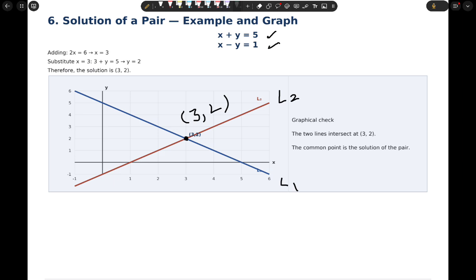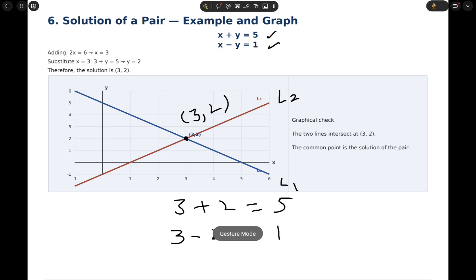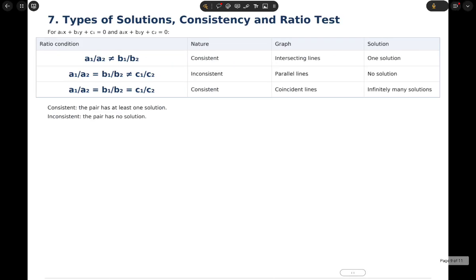We just put the values of these coordinates in both equations and they will be satisfied. Let's see, 3 plus 2 is equal to 5 and 3 minus 2 is equal to 1. So it satisfies both the equations and it is a common solution of both.